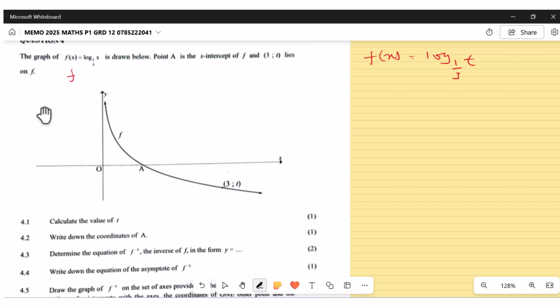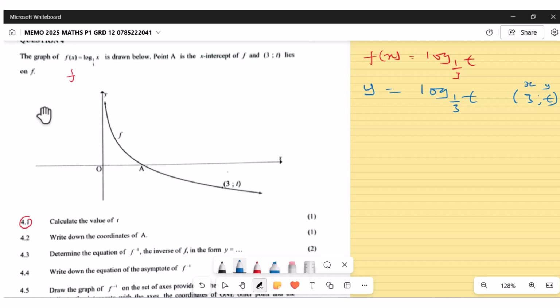Now they say 4.1, calculate the value of t. Now this point (3; t) lies on the same function. So in this particular case, if we say y equals log base 1 over 3 of x, and this point lies there, we can find our t here. Our 3 is the x, our t is the y. So we're looking for t.